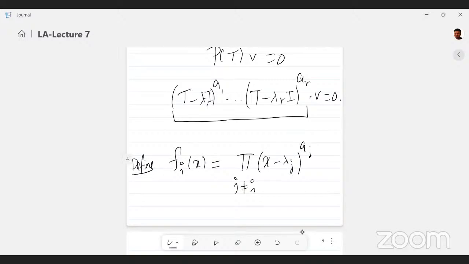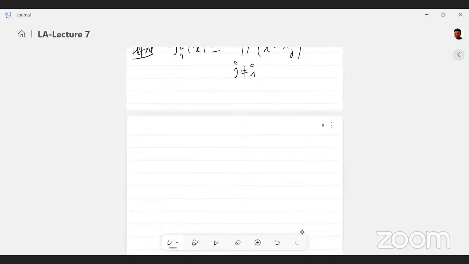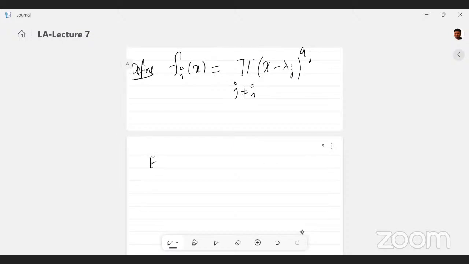So for f1 of x, I ignore x minus lambda 1; for f2 of x, I ignore x minus lambda 2, and so on. I leave it as an exercise. It's not very hard to prove that the fi of x are relatively prime.